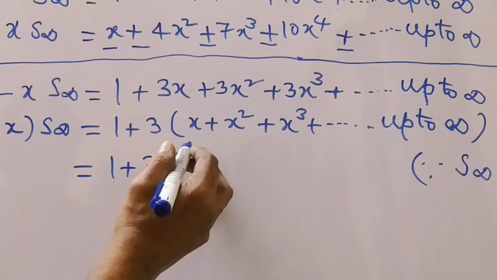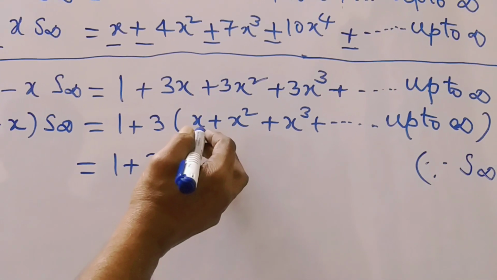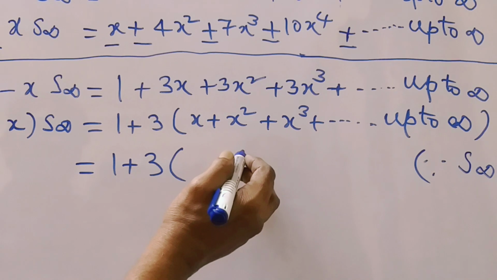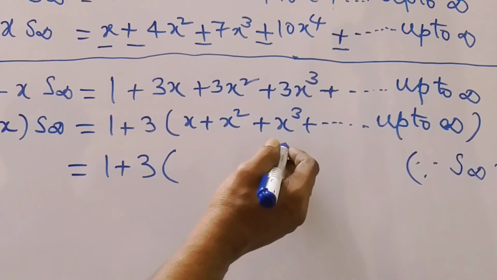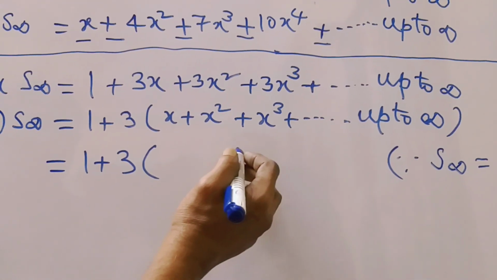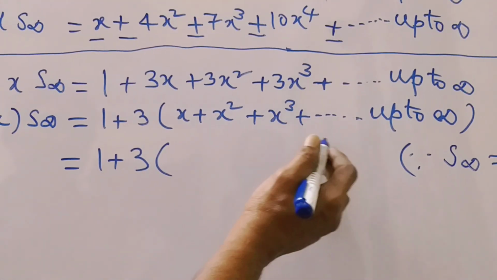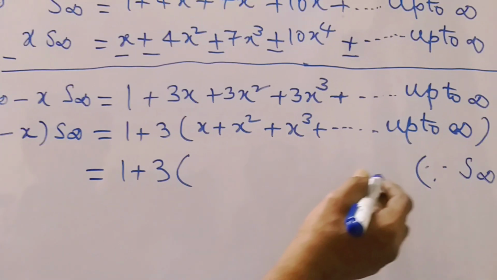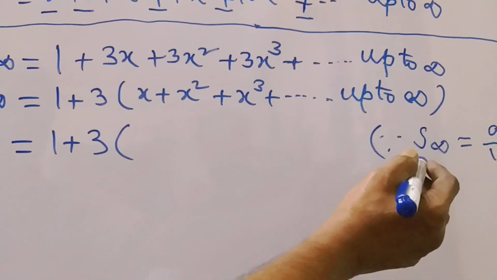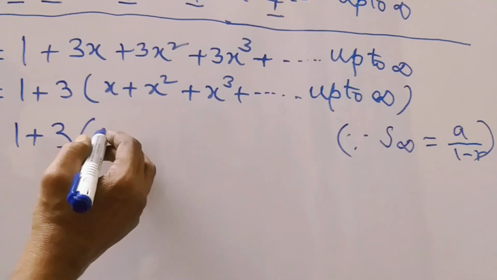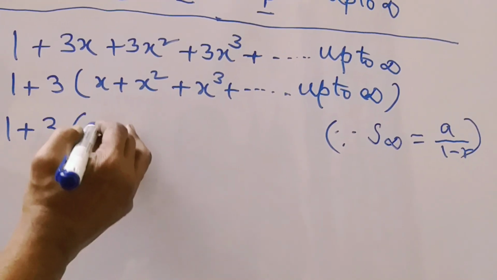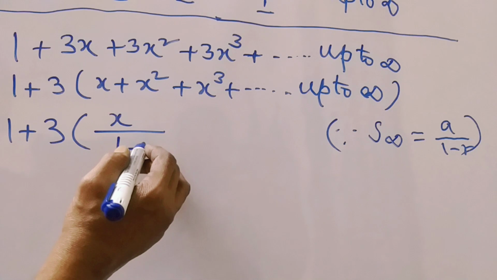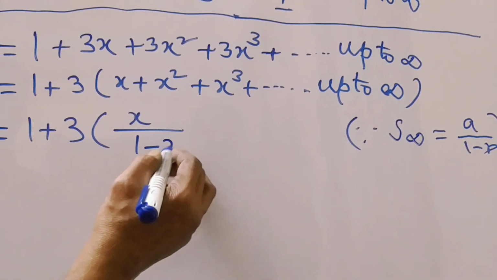And the common ratio of these terms is x. Why? Because x square by x, x cube by x square, x to the power of 4 by x cube, and so on, we get the common ratio x. So in place of a by 1 minus r, a is x, first term is x, by 1 minus the common ratio, which is also x.